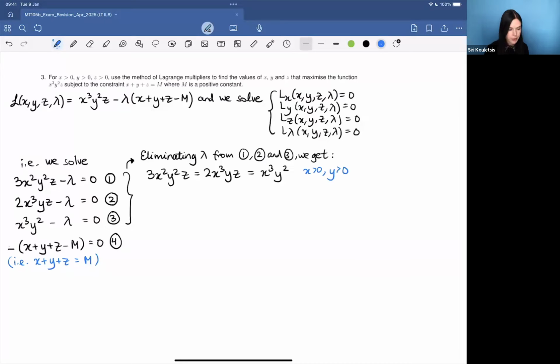There are several choices here, but I'm going to divide by x squared y throughout. And let's see what we get then.